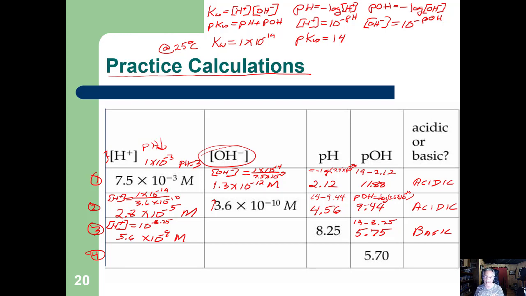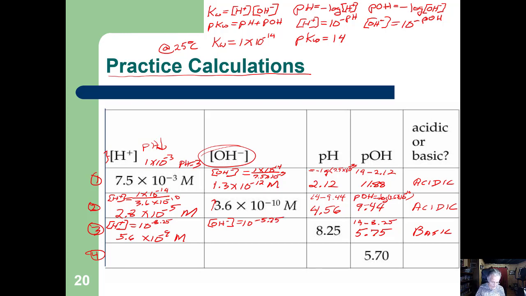All right, and to get the hydroxide ion concentration, why don't we use this equation right here, 10 to the minus pOH. So our hydroxide ion concentration is equal to 10 to the minus, and the pOH is 5.75.